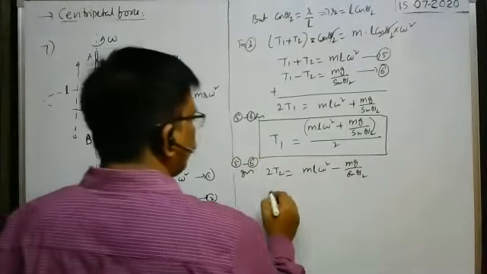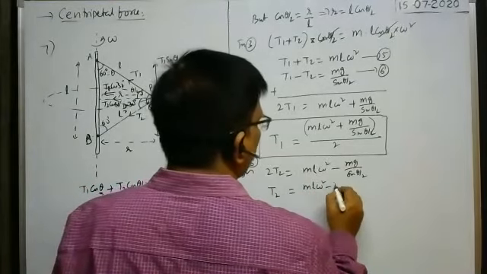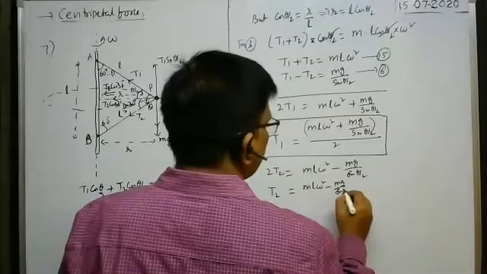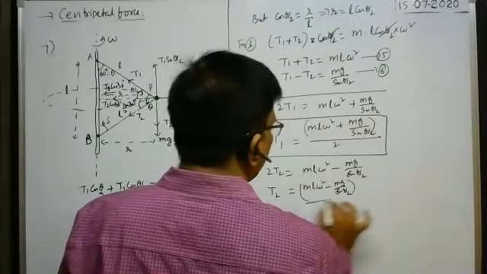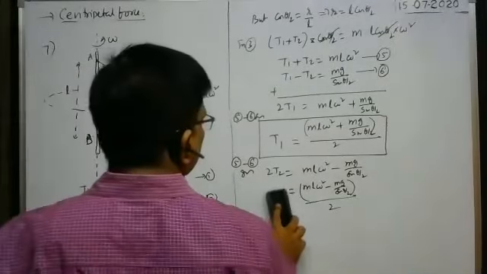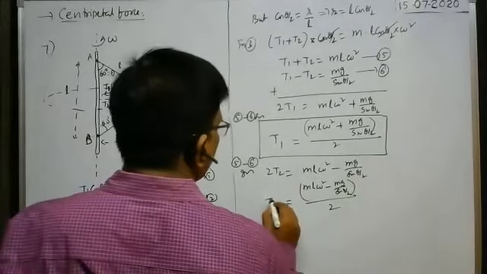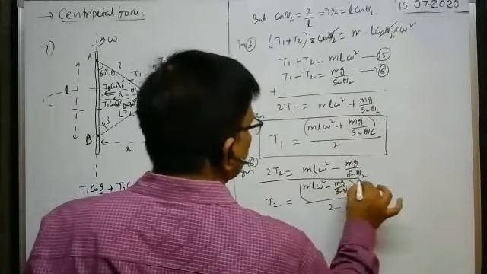Therefore, T2 is equal to m L omega square minus mg by sin theta by 2, whole by 2. This is the tension T2.